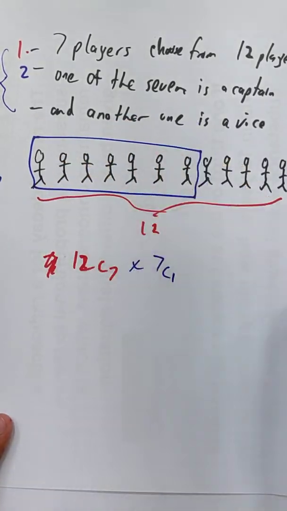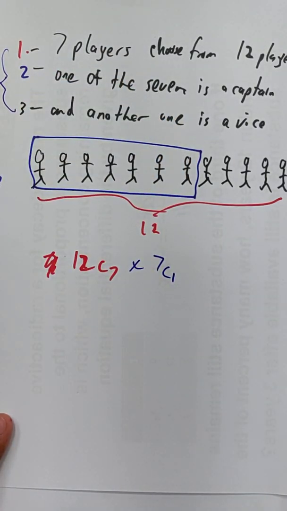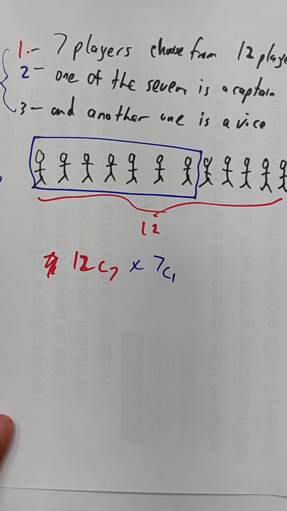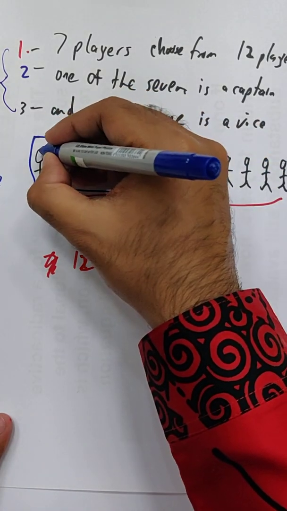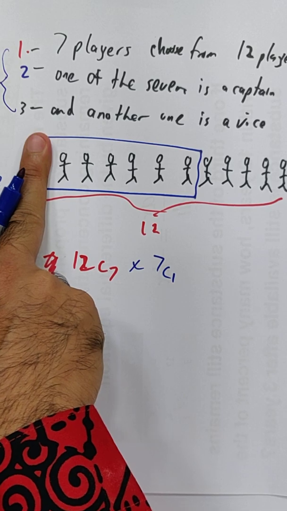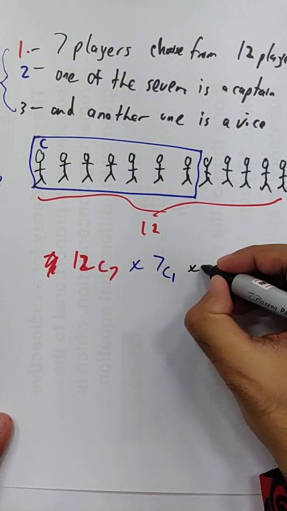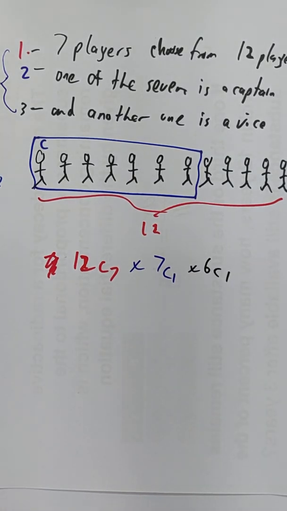And another one is a vice. 6C1 or 7C1? Why 6? Why not 7? Because one of them, let's say this guy, is already a captain. So it's already excluded. Okay, so you've got 6 people left. So the last one will be times 6C1.